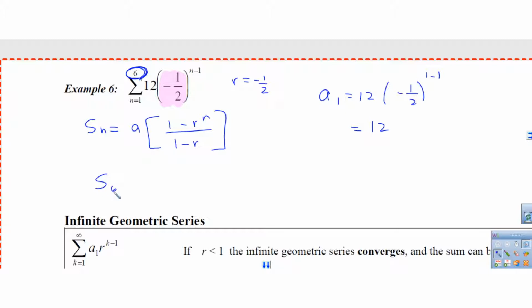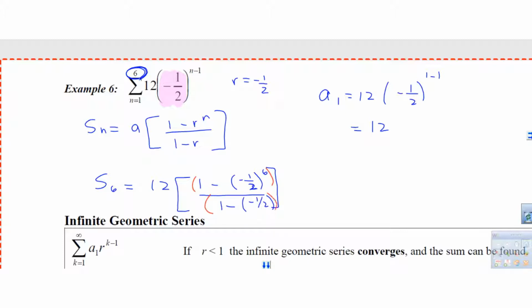The sum of the first 6 terms is 12 with a bracket, 1 minus parenthesis, -1/2, close it off, raise it to the 6th, all over 1 minus parenthesis, -1/2. You could also put 1 plus 1/2 if you want to. I'm just going to leave it like that.